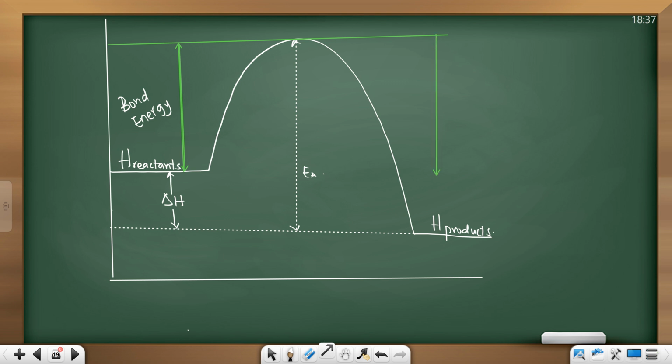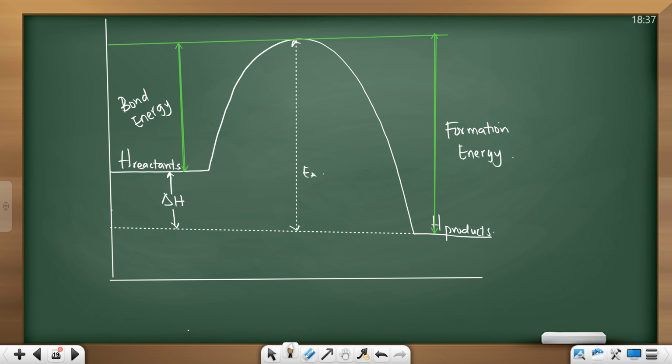The energy on the other side is the formation energy. Bond energy, we are breaking the bonds on that side from the reactants.